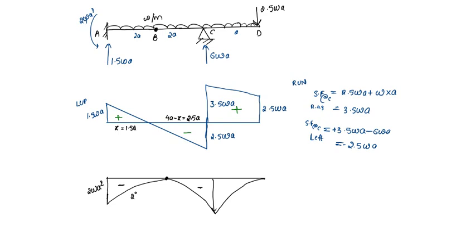Let us find this magnitude. Bending moment at C will be 2.5 WA into A with a negative sign since hogging, minus WA into A by 2, which will be 3WA square with a negative sign. This is 3WA square. So this is the bending moment diagram, and this is the shear force diagram.